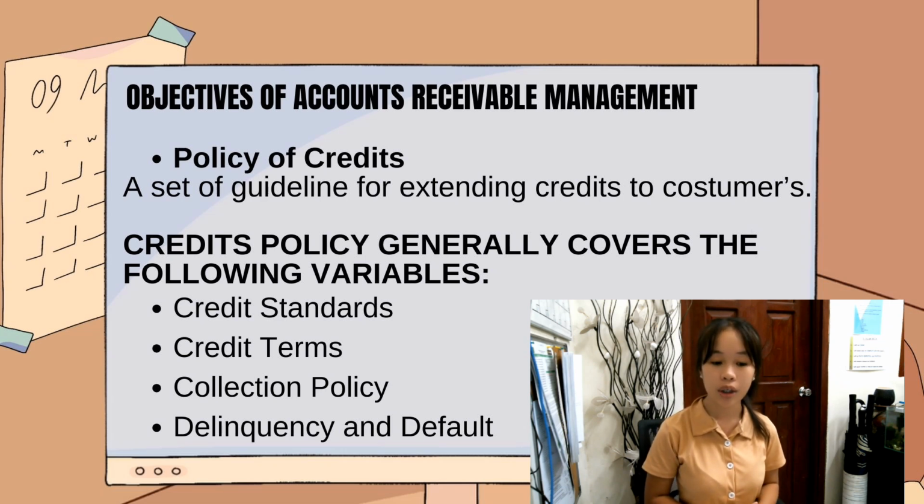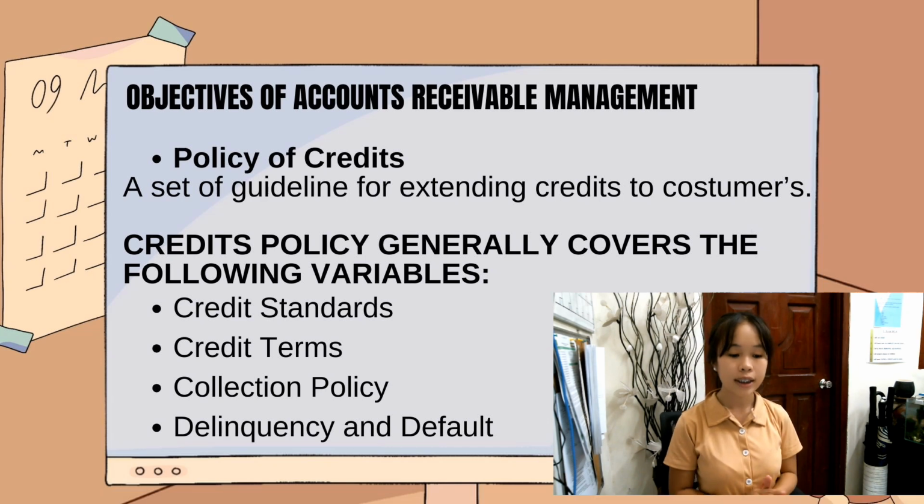The major controllable variables which affect demand are sales price, product quality, advertising, and the firm's credit policy. Credit policy generally covers the following variables. First is credit standard, second is credit terms, third is collection policy, and lastly is delinquency and default.